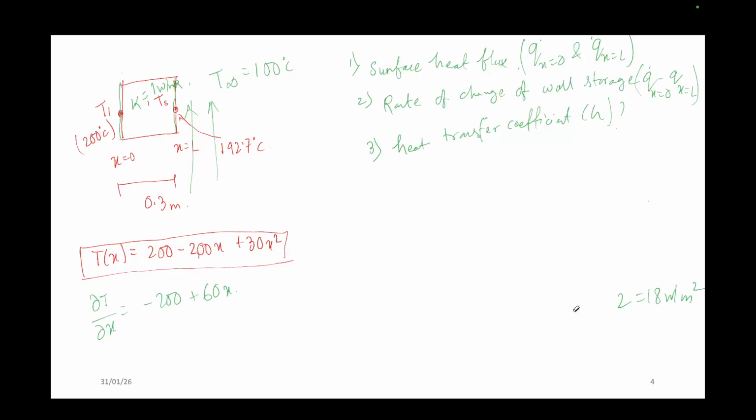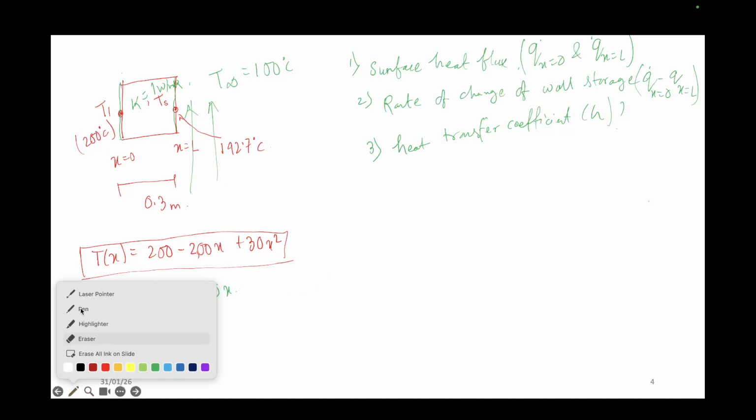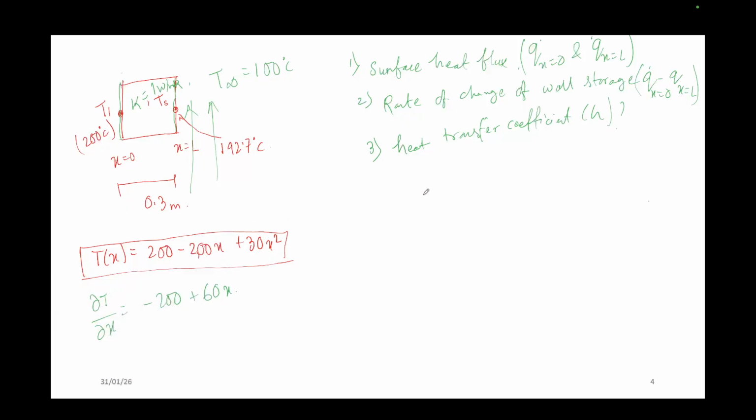This is because of convection. If I talk about convection, where does convection happen? Can you tell? In the presence of a moving fluid, it should be a moving fluid, and it takes place at the interface.